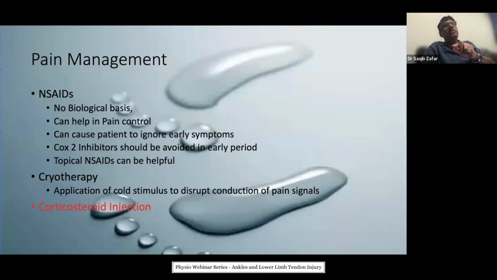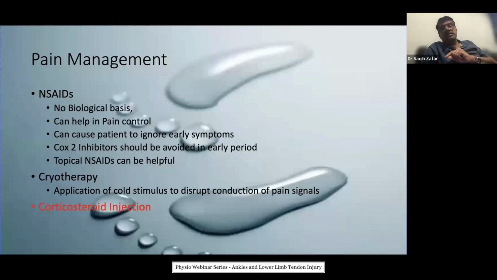They can help, for example, like I showed in that MRI where there was fat pad adjacent to the tendon that is inflamed, or there's associated bone bruising, or some sort of ischemic pain as well. So they can help in achieving some pain control there. So we should not undermine the role of pain management in tendinopathy and plantar fasciitis.